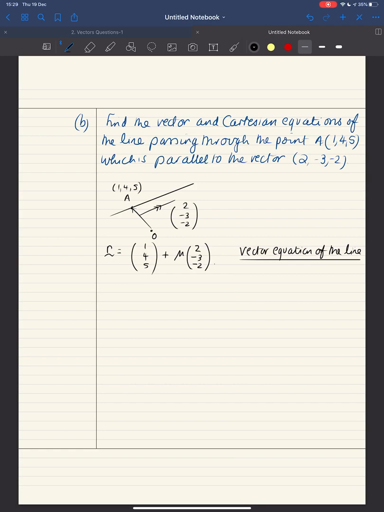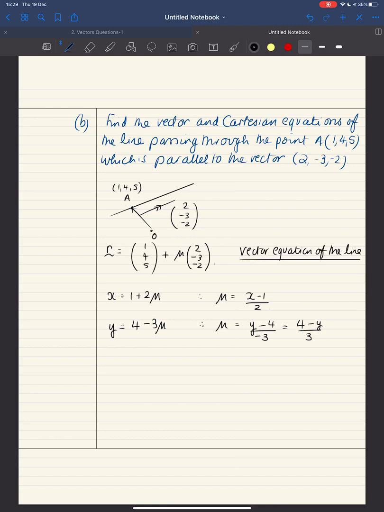Then for the Cartesian, you can say x is 1 plus 2 mu, so therefore mu is x minus 1 divided by 2. Y is 4 minus 3 mu, so therefore mu is y minus 4 divided by minus 3, which is actually 4 minus y over 3.